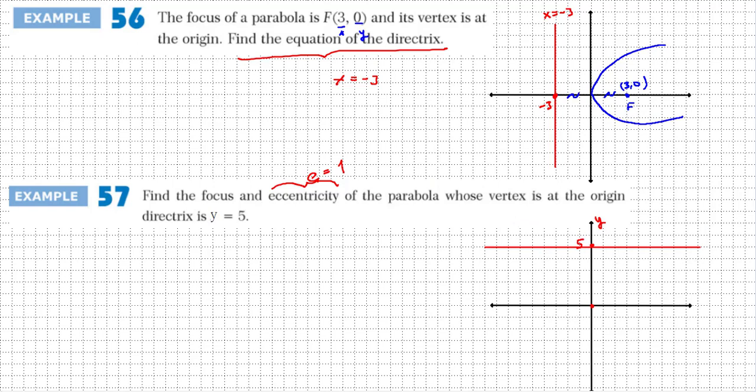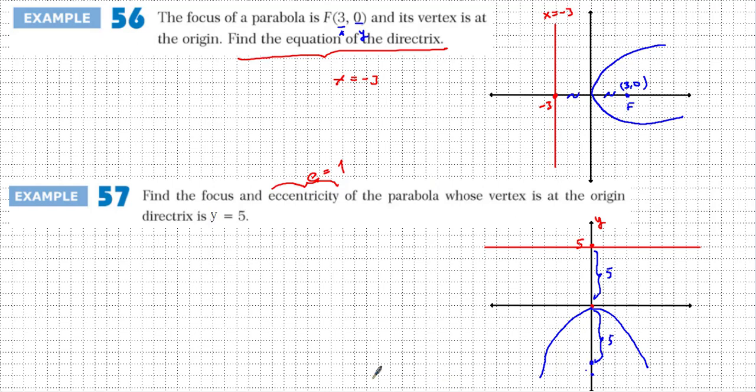If this is the directrix line, our parabola should lay down opposite to the directrix, so it should be like this. If the point is 5 units here, to the other side it is also 5 units, which is 1, 2, 3, 4, and 5.